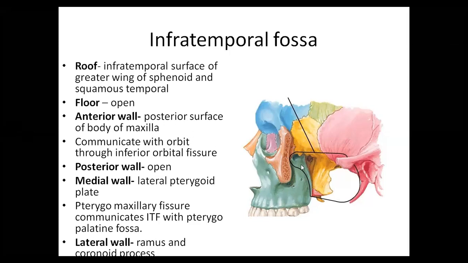We have the maxilla. To be more specific, this is the posterior surface of the maxilla. From here there is a hole which communicates with the orbit. So there is a fissure, the inferior orbital fissure, through which the infratemporal fossa communicates with the orbit.